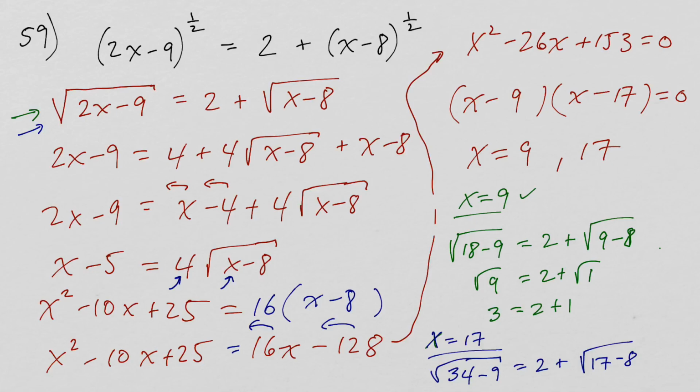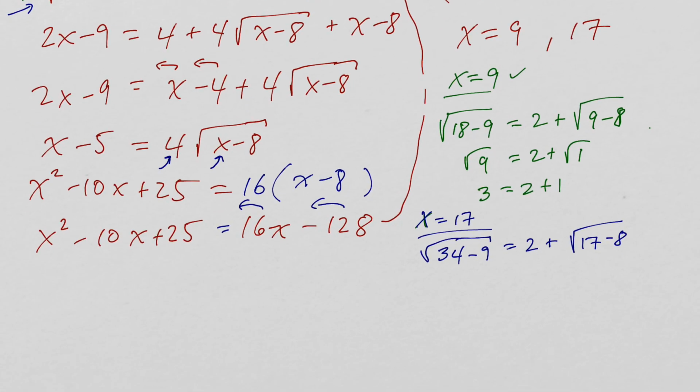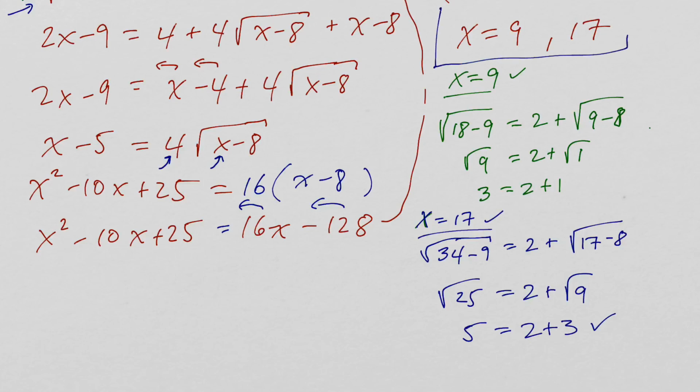Okay, so let's move this up so I give myself a little more room, and I'm going to continue. This is the square root of 25. Is this equal to 2 plus the square root of 9? Well, is 5 equal to 2 plus 3? It is. So this is a valid answer. So both of these are valid, and that's my entire solution.